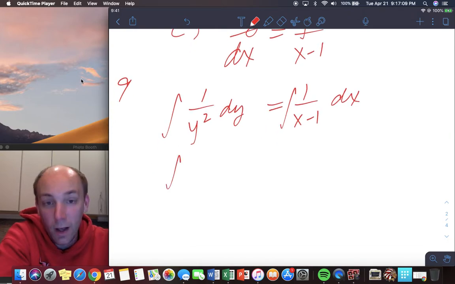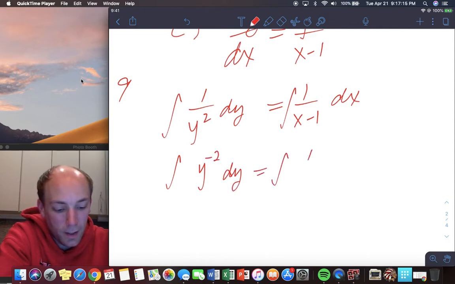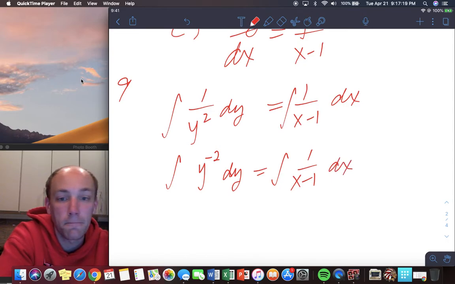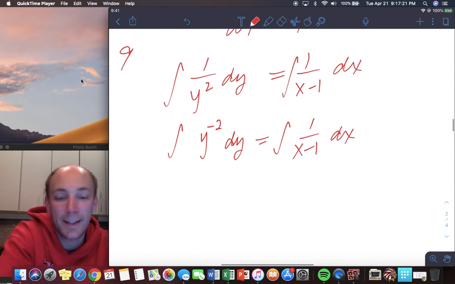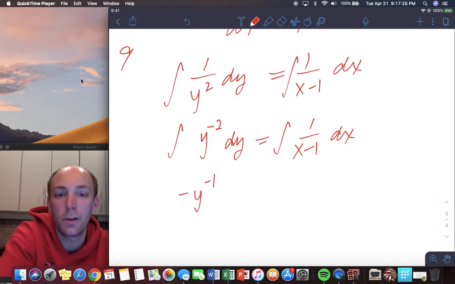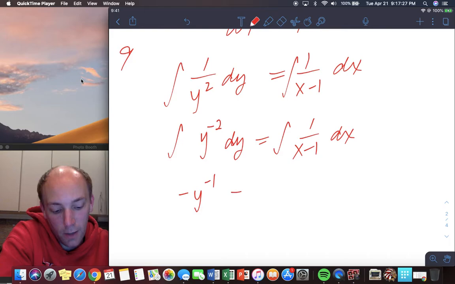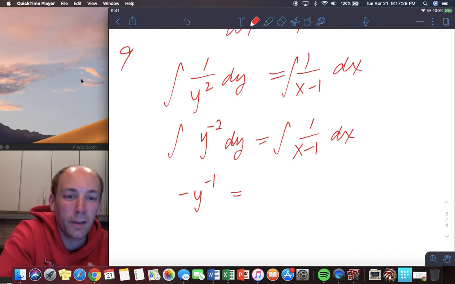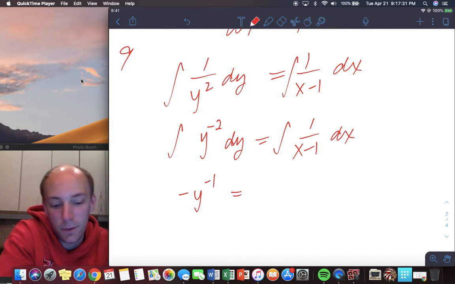So on the left-hand side here, 1 over y squared is equivalent to y to the negative 2. And on the other side, I need to leave it as 1 over x minus 1. Okay? So the antiderivative for y is you add 1 to the power and divide by the new power. For the other one, the minus 1 part doesn't really affect anything.